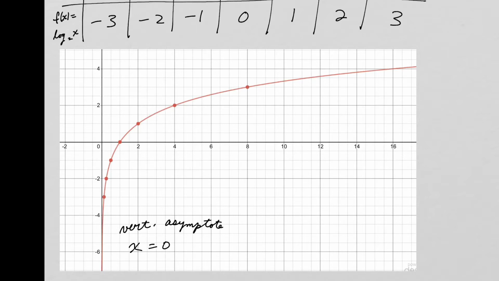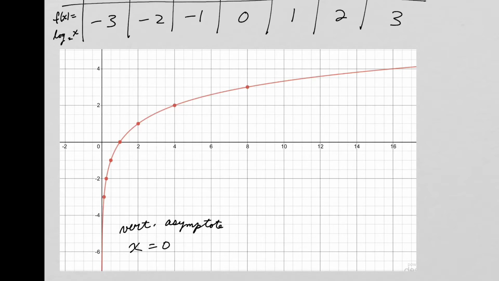Because as the input gets closer and closer and closer to 0 from the right, so as we go in this direction, what happens to the function? It's going down towards -infinity, right? It never quite reaches, never touches 0, but it's going down towards -infinity as x gets closer and closer to 0. So there's a vertical asymptote at x equals 0.